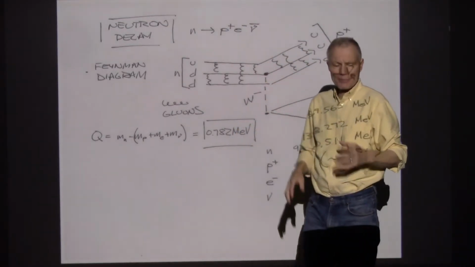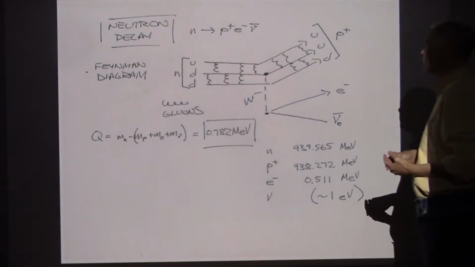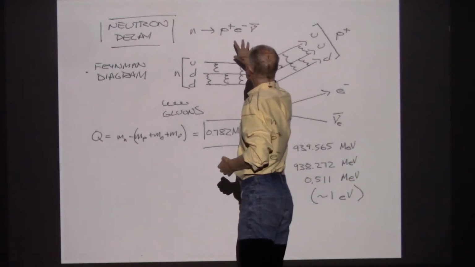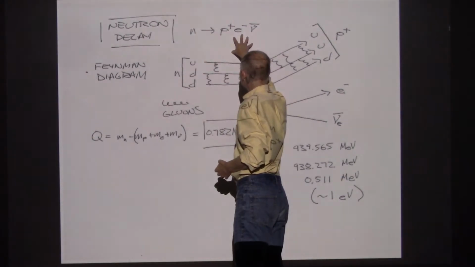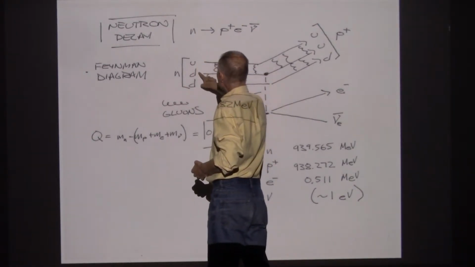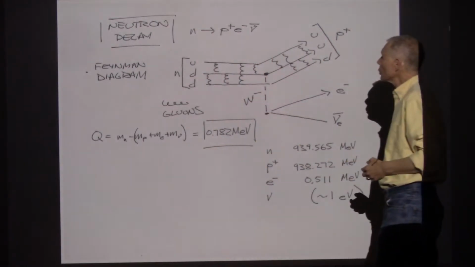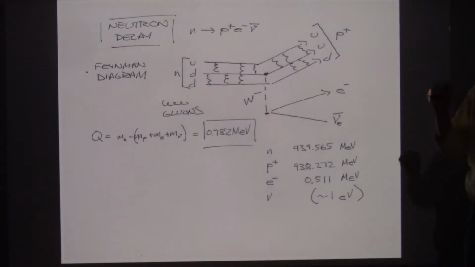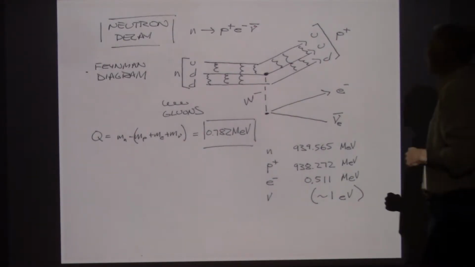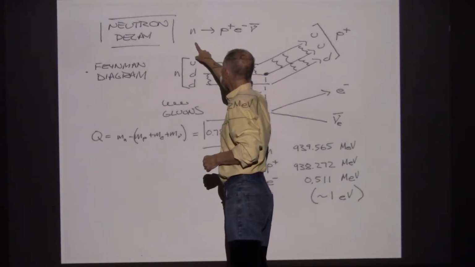Now that we've had this discussion in chapter 43 about fundamental particles, we realize there's a fundamental way of breaking this down. The neutron itself is made out of 3 quarks being held together with lots of gluons. So I can take those quarks, flavors up, down, and down, and say this is what's going into the reaction, the neutron.